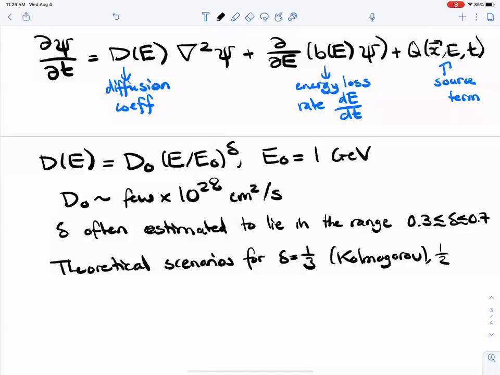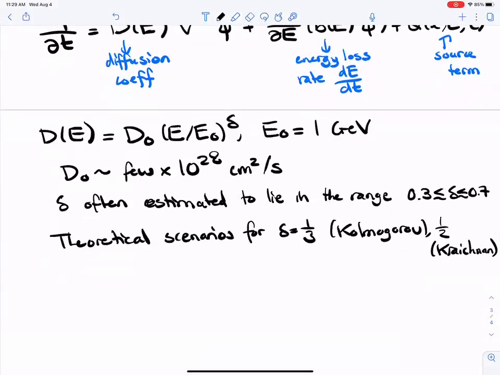I'm not going to go into these in detail, but if you want to look up these scenarios, these are the names that you should Google. And the recent data from AMS-02 suggests that delta should be in the range of about 0.4 to 0.5.